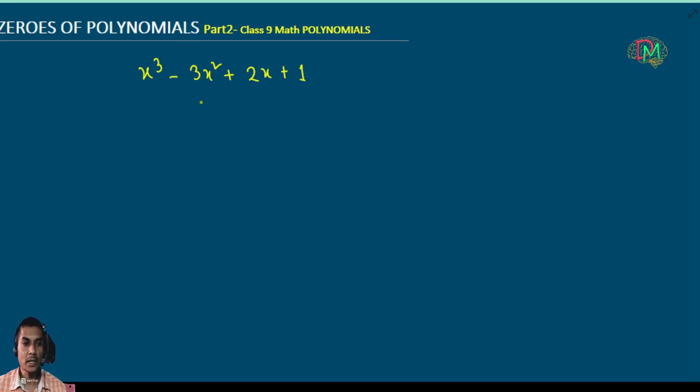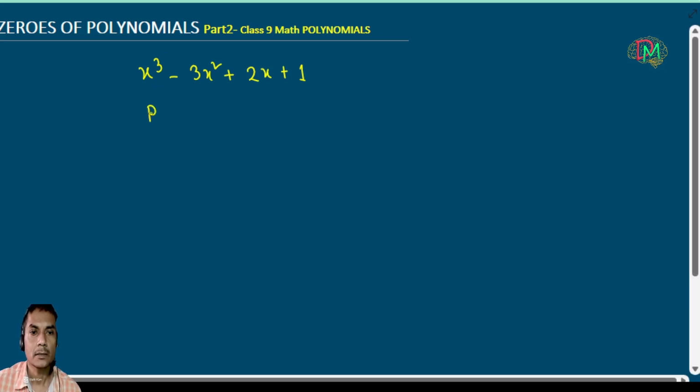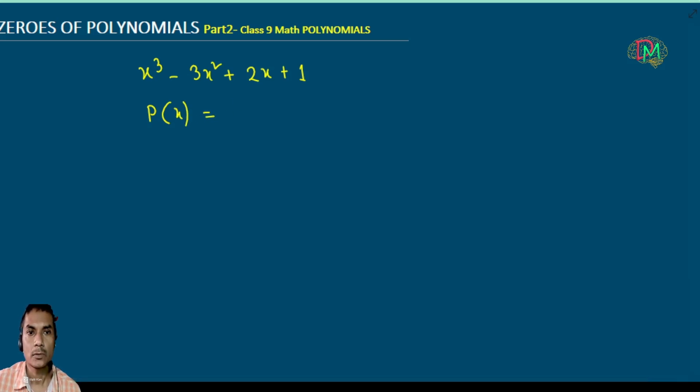It is a polynomial. This polynomial can be represented as p(x) is equal to x cube minus 3x square plus 2x plus 1.